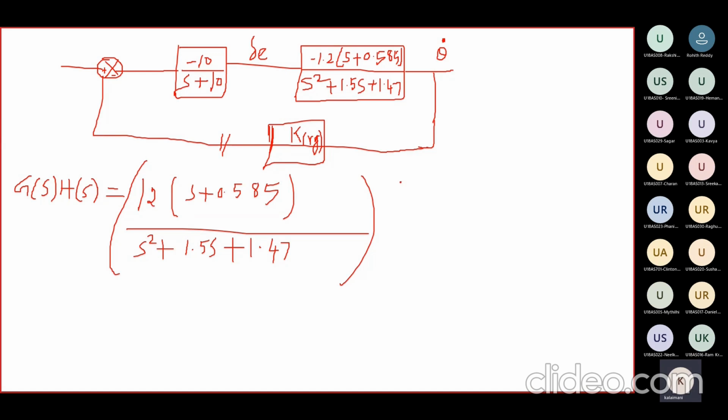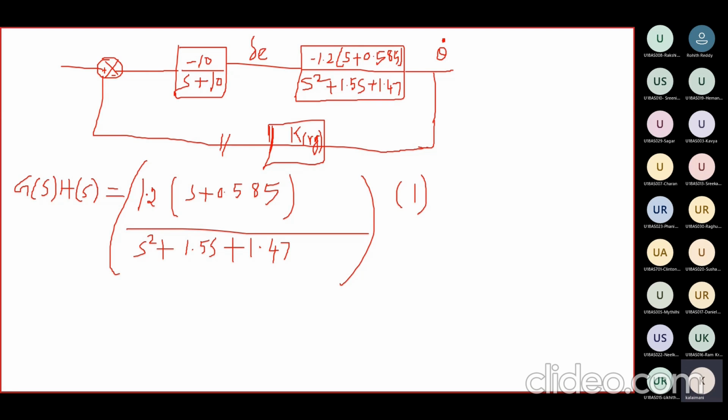Initially we keep it as the rate gyro sensitivity value. Then we try to sketch the root locus for this following transfer function.